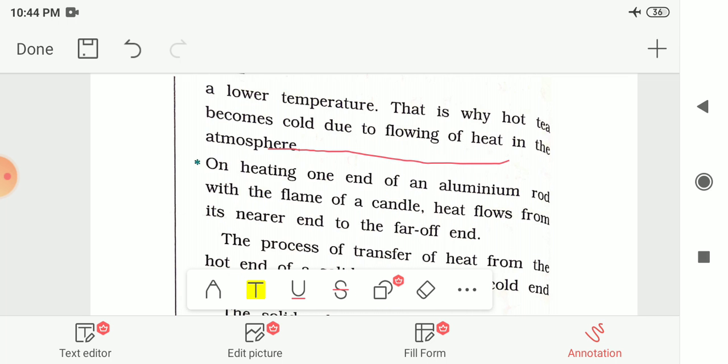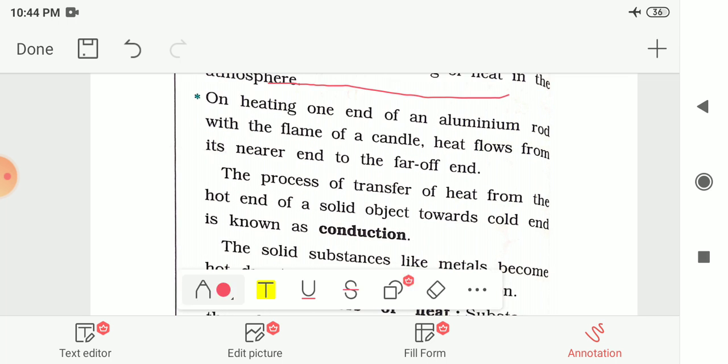On heating one end of an aluminium rod with the flame of a candle, heat flows from its nearer end to the far end. So here also heat transfer takes place.